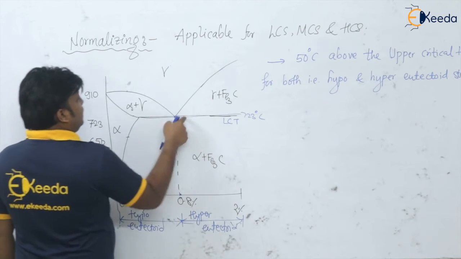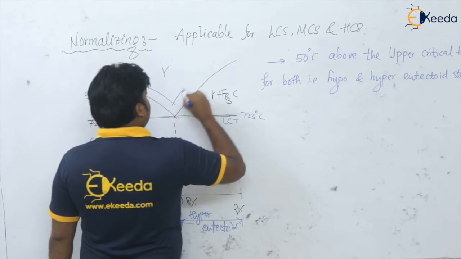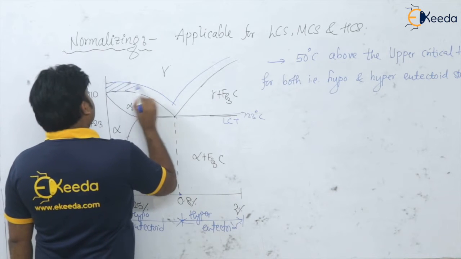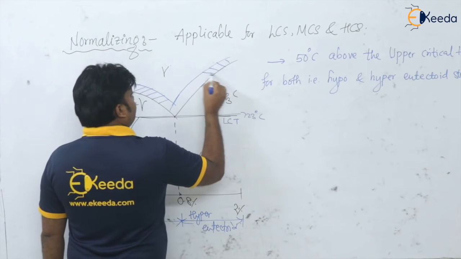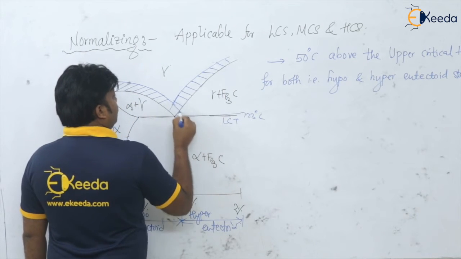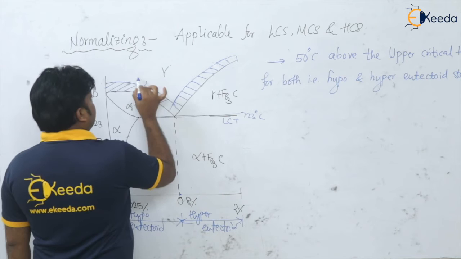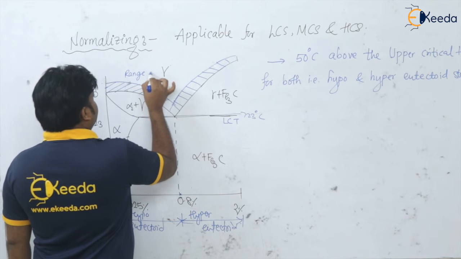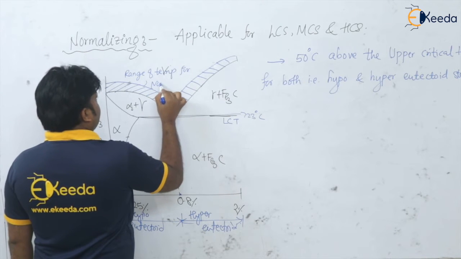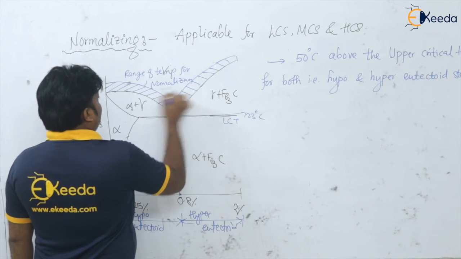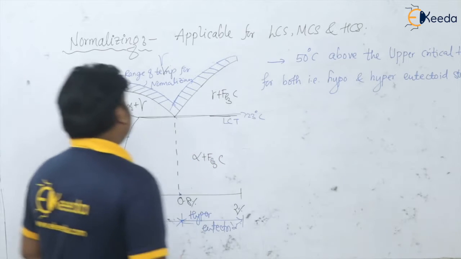So above this line we are heating 50 degrees centigrade more than this temperature, above these upper critical temperatures for both hypo and hypereutectoid steels. So this is the range of temperature for normalizing. And of course above this, everywhere it is gamma, that is gamma austenite.